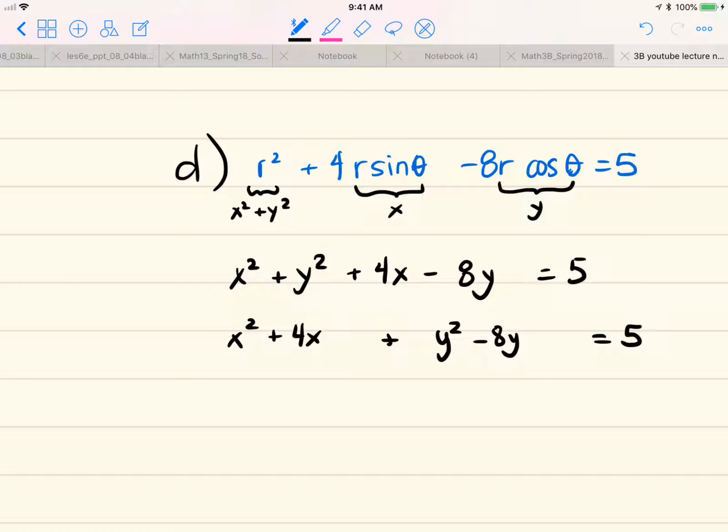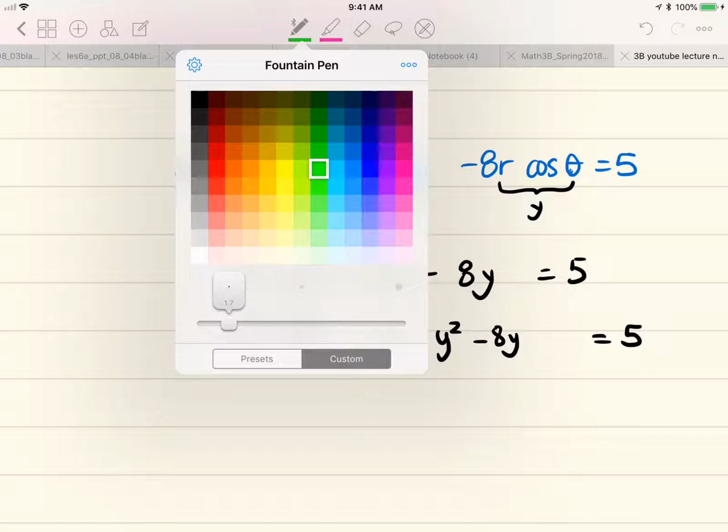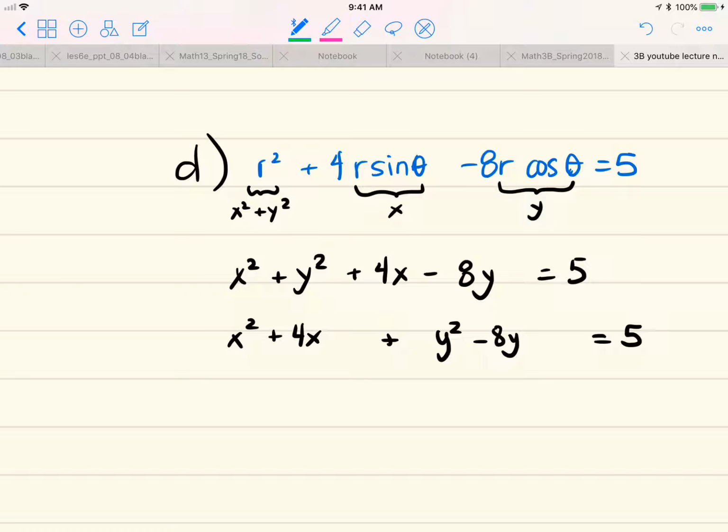Completing the square, 4 divided by 2 is 2, squared is 4, so plus 4. And divide 8 by 2 and square it, so plus 16. So I've got x plus 2, quantity squared, plus y minus 4, quantity squared, equals 25.